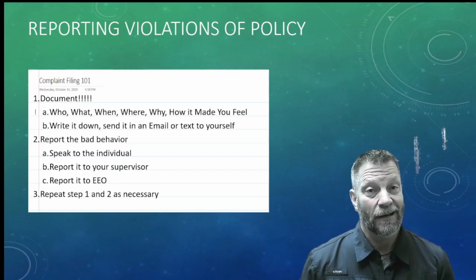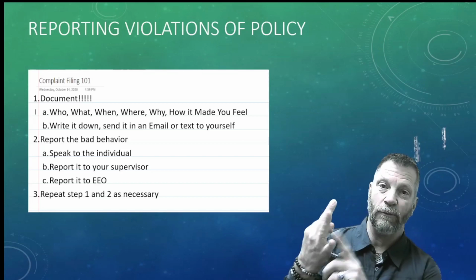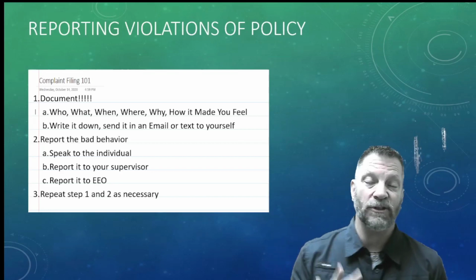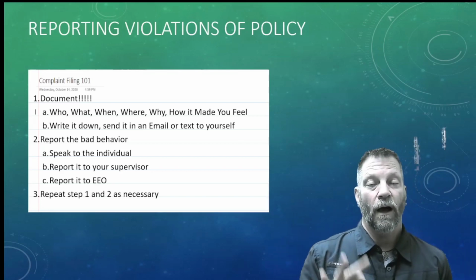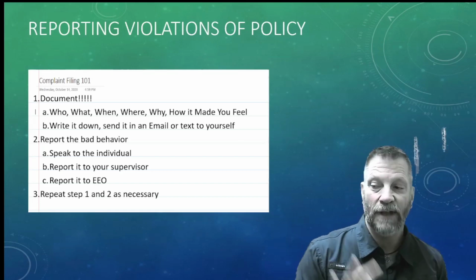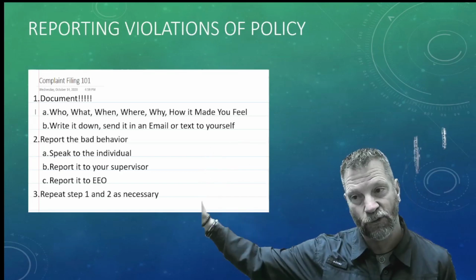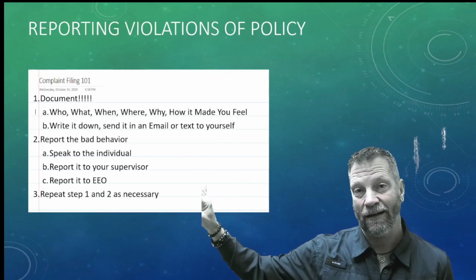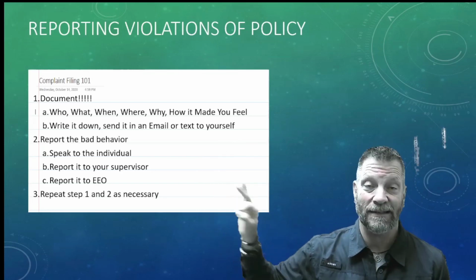If it happens a third time, right? First time you went to the individual, second 2 times you went to the supervisor, and if that bad behavior is still happening, obviously what your supervisor is doing isn't effective. So now you're going to go to your supervisor's supervisor and say, hey, this is the 4th time this has happened.